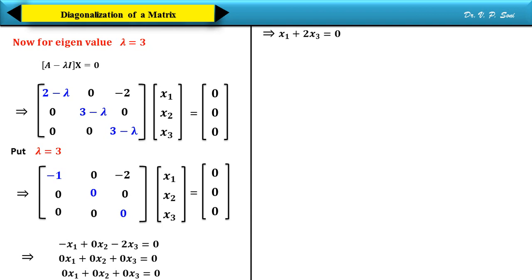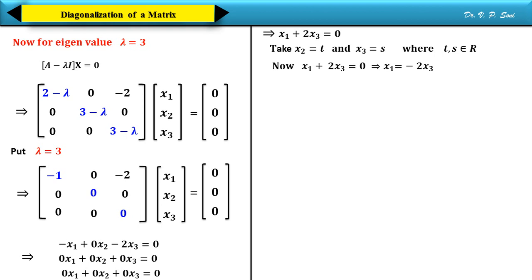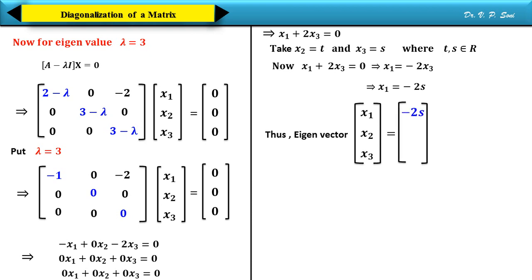We have only one equation and three variables, therefore take the last two variables x2 = t and x3 = s, where t and s belong to R. Now x1 = −2x3, this implies x1 = −2s. Thus the eigenvector (x1, x2, x3) = (−2s, t, s).